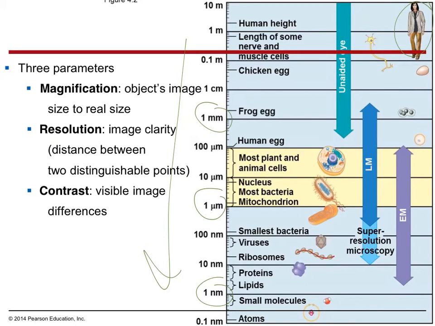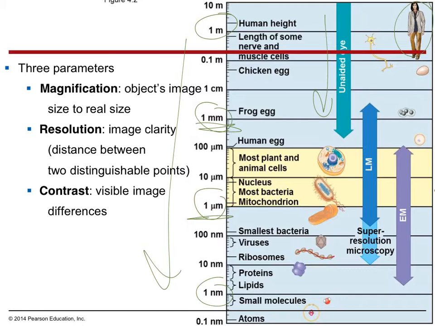So an egg, for example, like a chicken egg, if we're going to about here, we've got a meter, and then we go down to, say, a millimeter, which is 1,000 times smaller. If we decrease the size 1,000 times again, that's where we get down to this micron or micrometer.